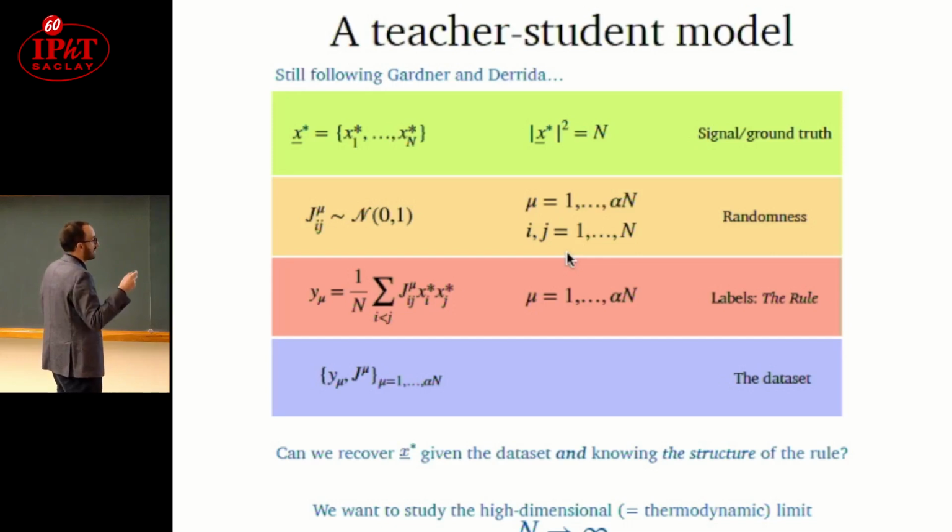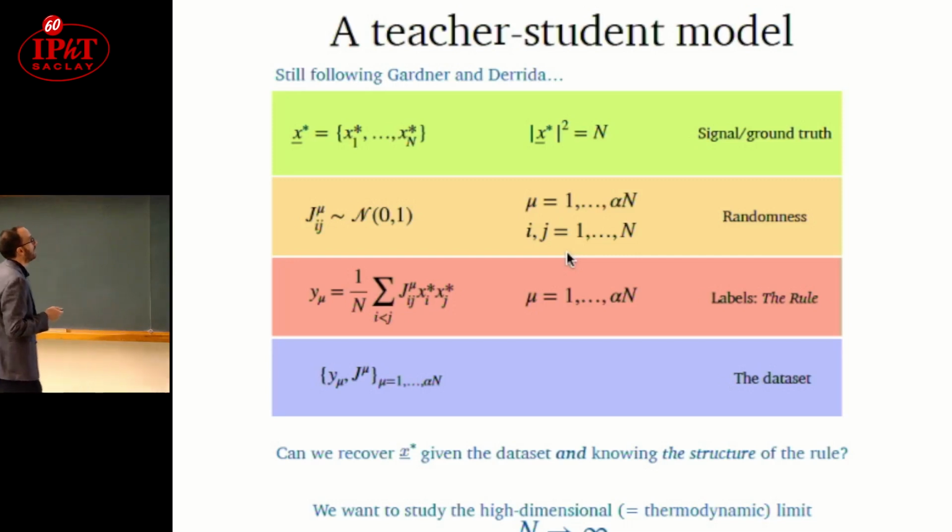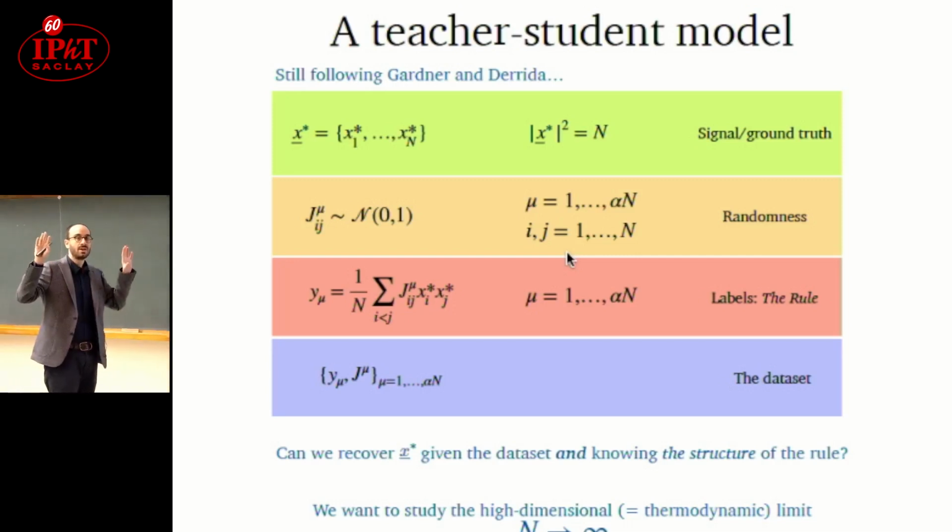And these matrices are symmetric. They have entries that are Gaussian, zero mean and unit variance. And how many matrices do I have? I have order n matrices, with a proportionality factor alpha, which is a control parameter of order 1. It's called sample complexity. And now you can think about these matrices as the images of your data set.